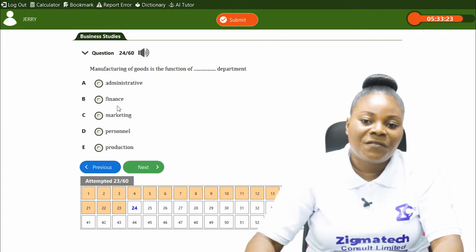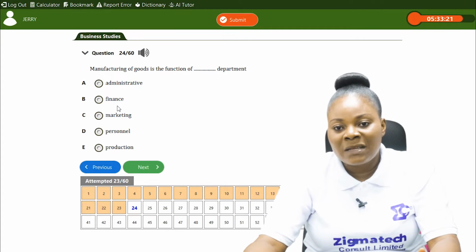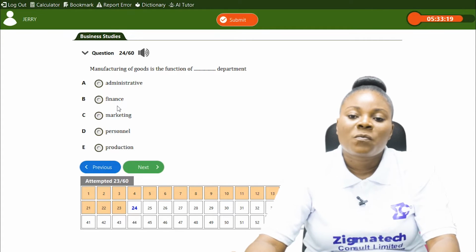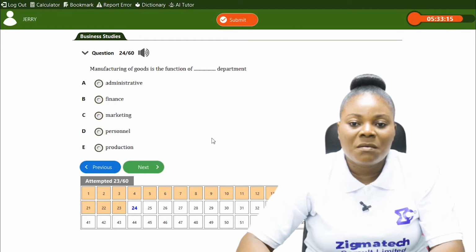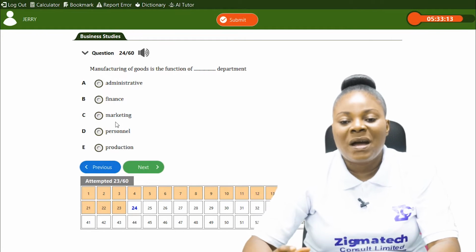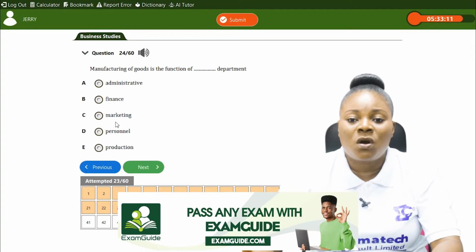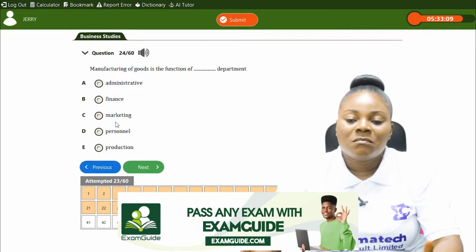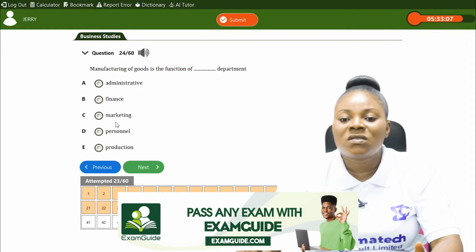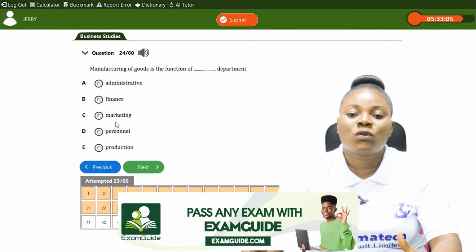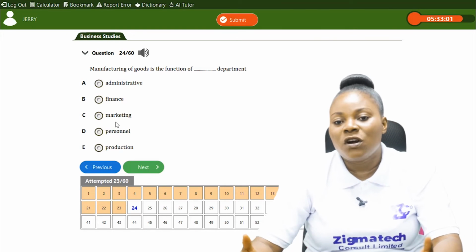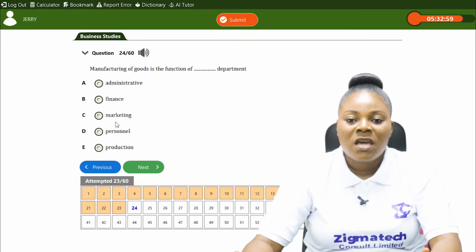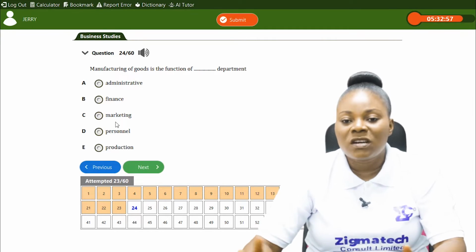They can also be referred to as the accounts department. They are in charge of recording any monetary transaction. Then the next option is the marketing department. This is what we can also call the sales department. Marketing department, they are the ones that help to market the goods produced or goods sold in any organization.